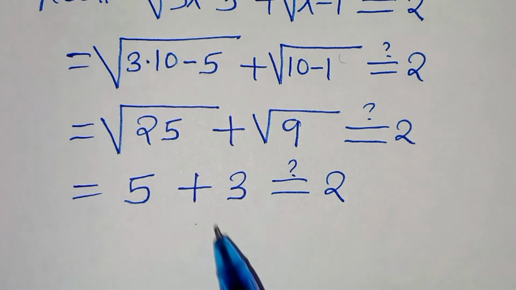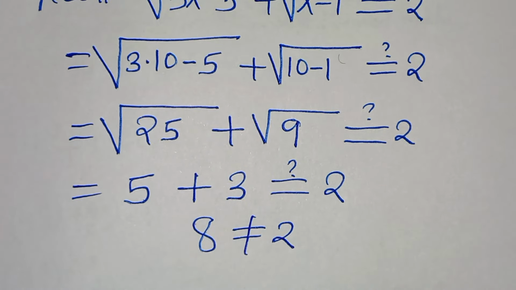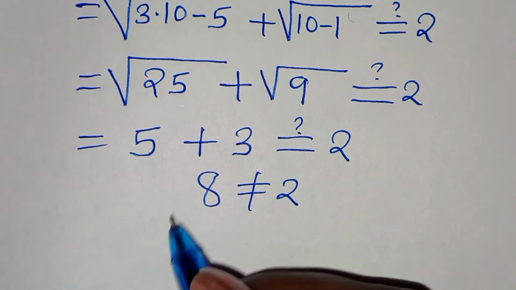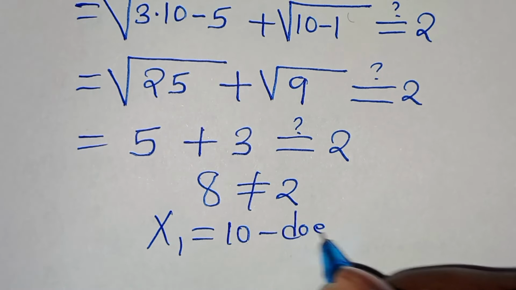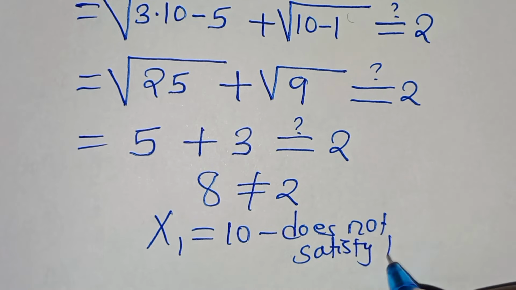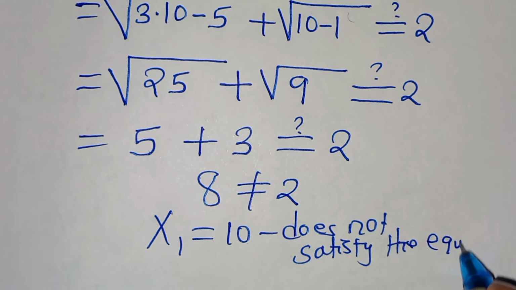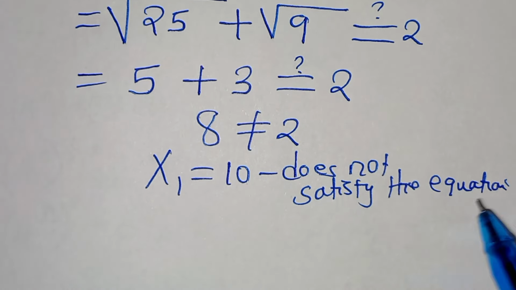So we have 5 plus 3, this is 8, which is not equal to 2. So this means that x1, which is equal to 10, does not satisfy the equation.